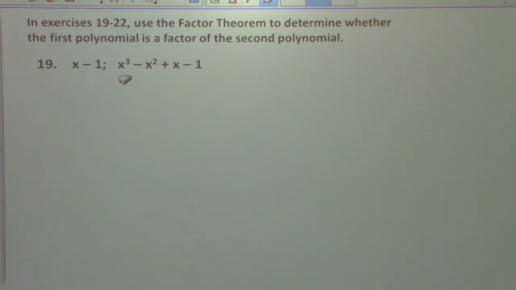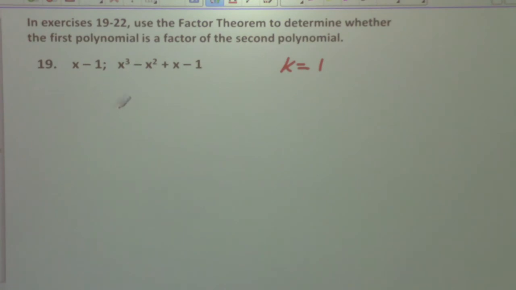So remember in those exercise sets through 16, if we have x minus k, what is k? So in this situation, k is equal to 1 because we have x minus 1. And if our remainder is equal to 0, we will know that x minus 1 is a factor of this cubic polynomial.